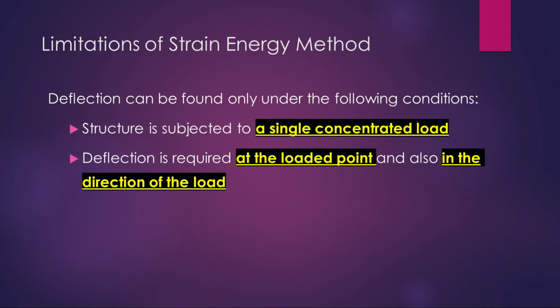These two limitations limit the usage of this method to all types of frames and beams. If there are n number of loads, this method cannot be used. If deflection has to be determined at some other point apart from the point where the load exists, then this method cannot be used. We shall see how to find deflection and rotation for those types of problems in our next videos.